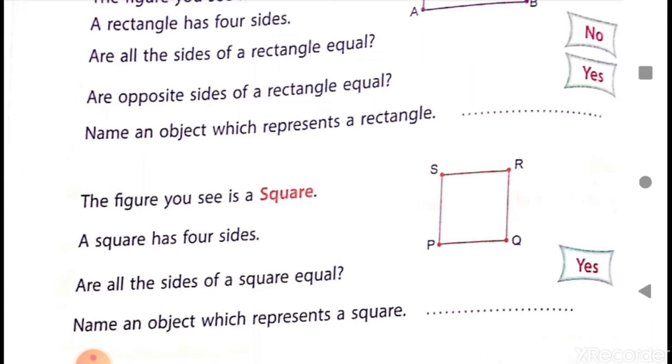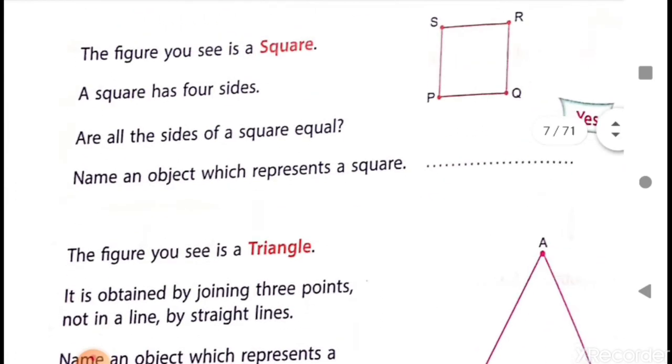The difference between a rectangle and a square is that in a rectangle, the length and breadth are different. Two opposite sides are the same, so you can take any side as length and any side as breadth. So opposite sides are equal, and the length and breadth are not the same. But in a square, since all four sides are of the same length, the length and breadth are the same.